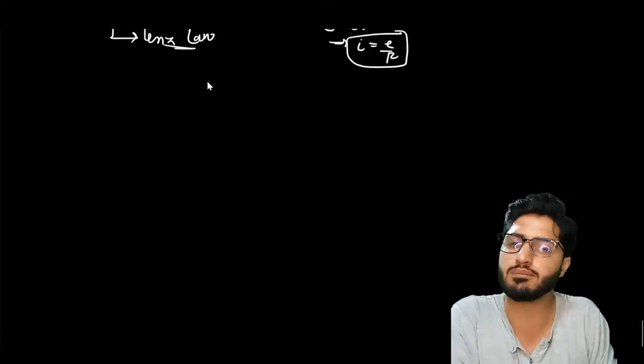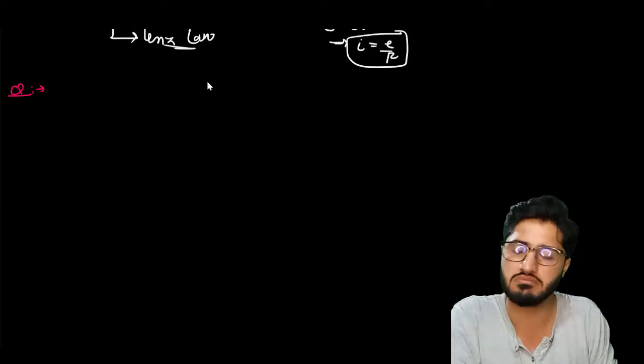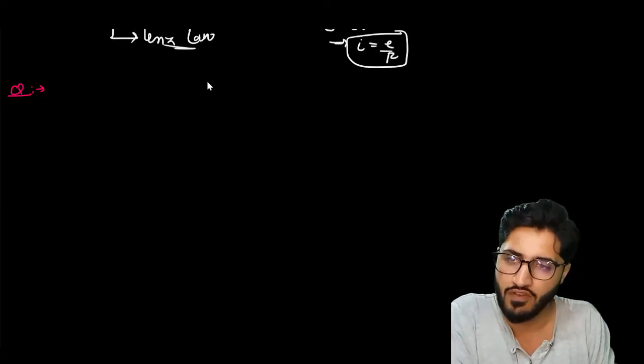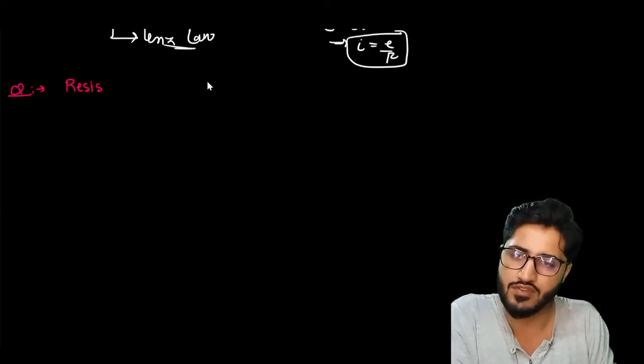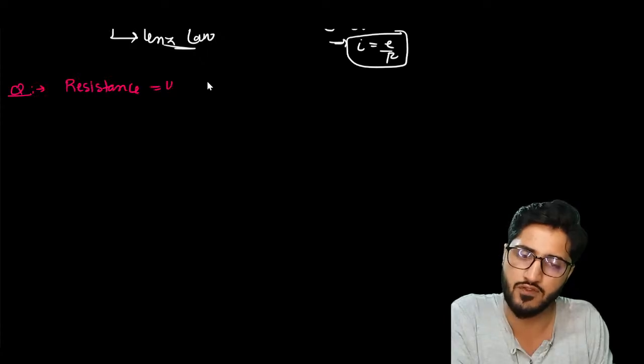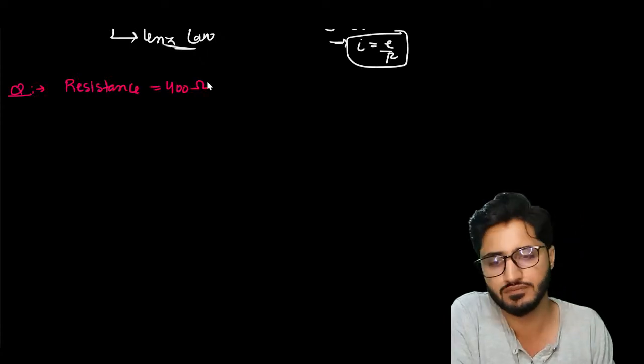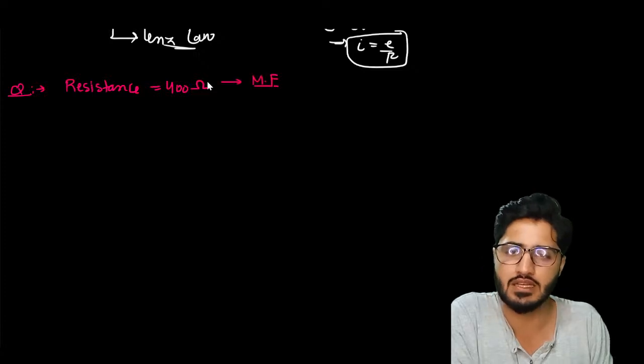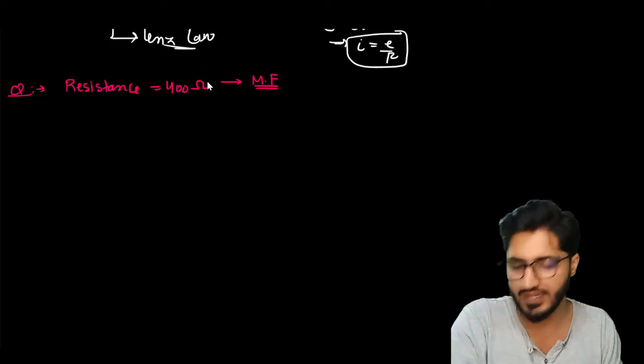A simple numerical that will give you an idea how to do numericals. We are having a coil and the resistance of my coil is given as 400 ohm. This coil is placed in a magnetic field.